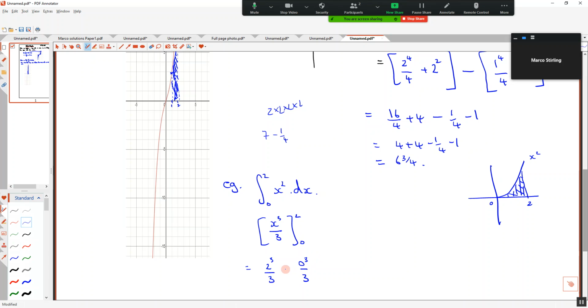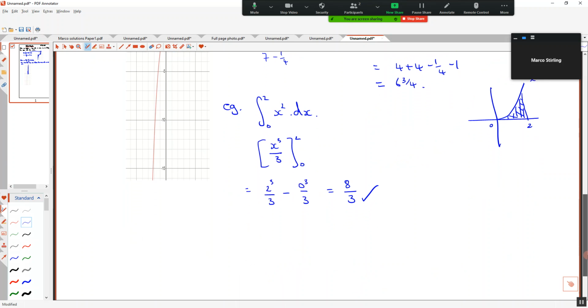And what do I do to the two things? Subtract them. This is just 0, so I end up with 8 over 3. Or 6 and 2/3? 2 and 2/3, yeah. Make sense?